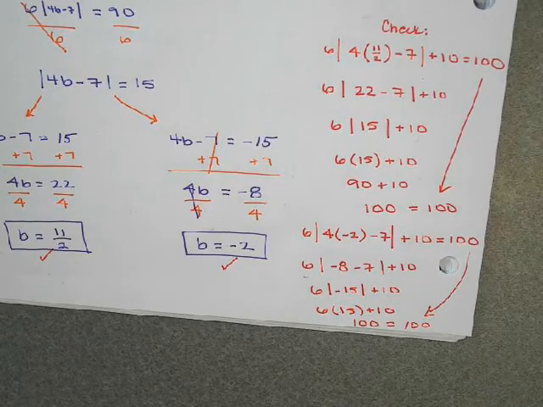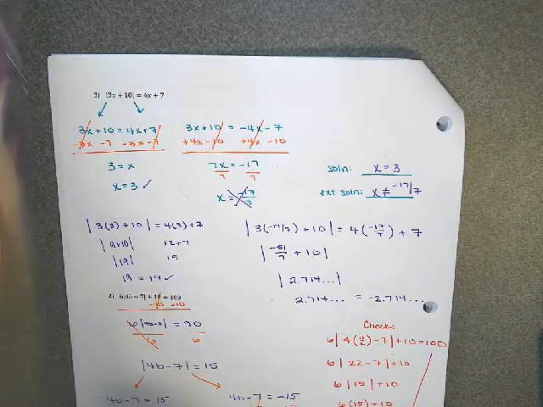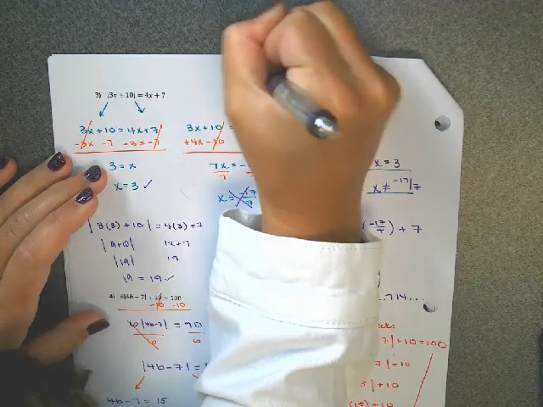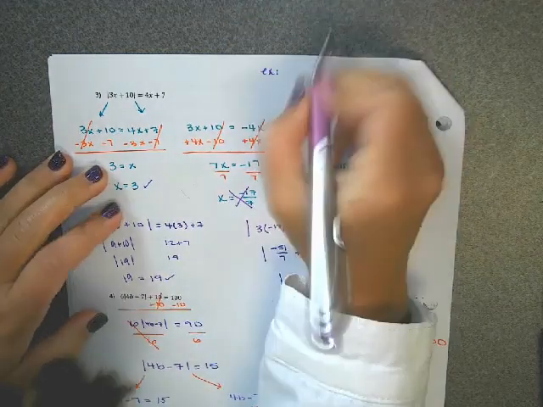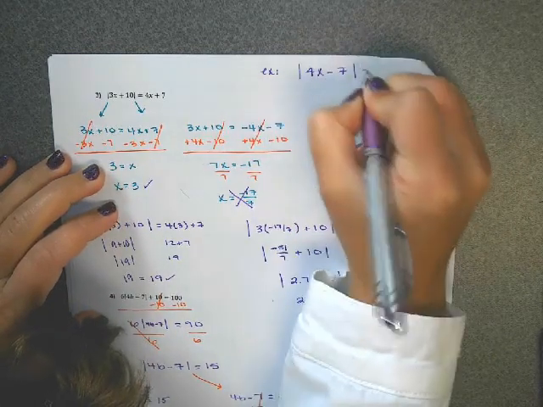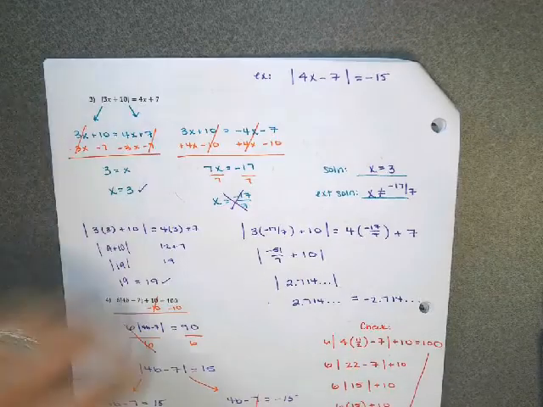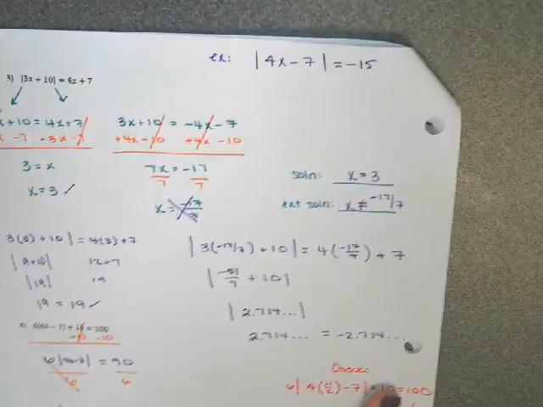There is a way that you could do a shortcut here. Okay, so if you notice, and there's none in any of these examples, but let me show you what I mean. If you notice that you have absolute value bars, and they're set equal to a negative number.